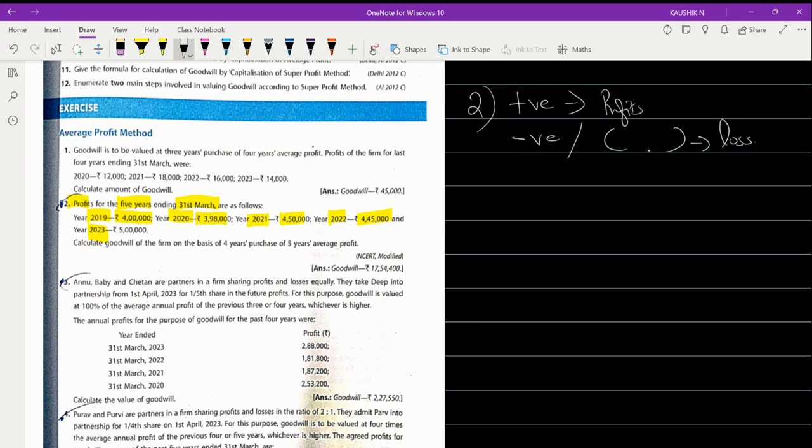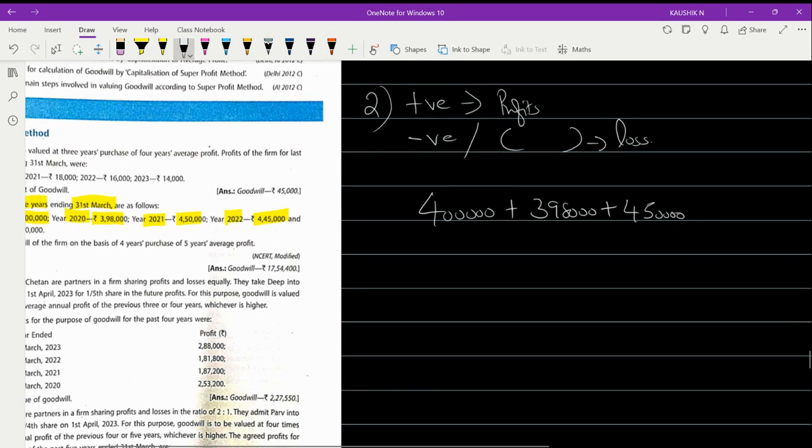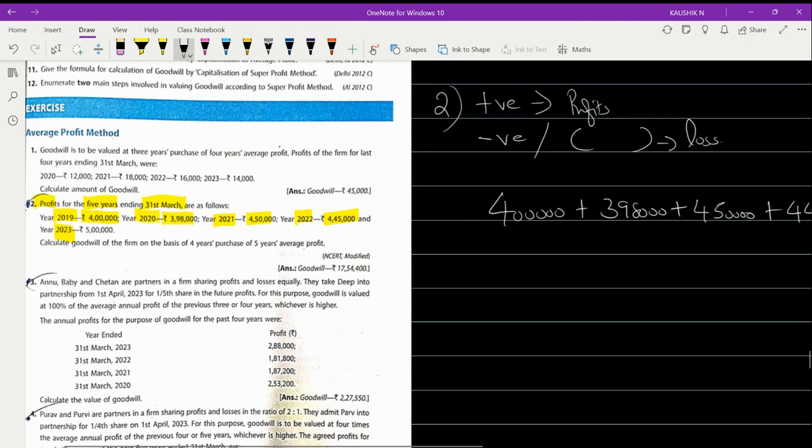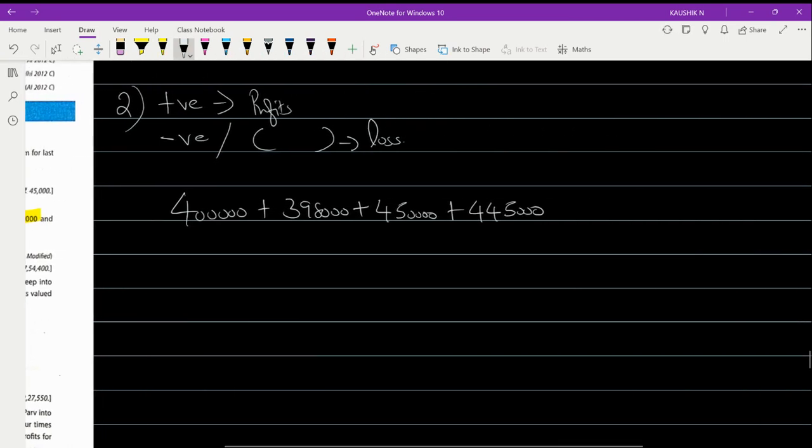So here it is all profits. So let me add these values. There is an amount of rupees 4 lakhs, plus rupees 3 lakh 98,000, plus rupees 4 lakhs 50,000, and then rupees 4 lakhs 45,000, and then finally rupees 5 lakhs.